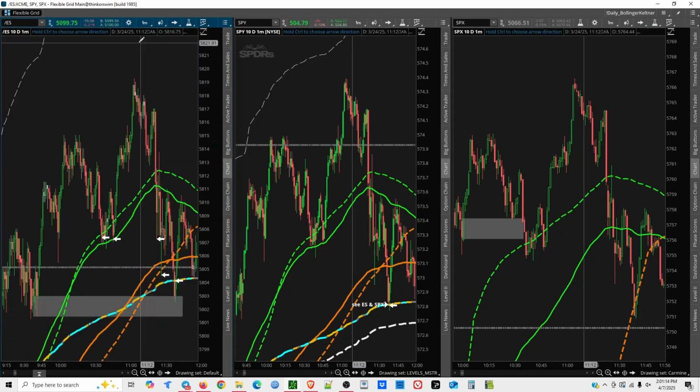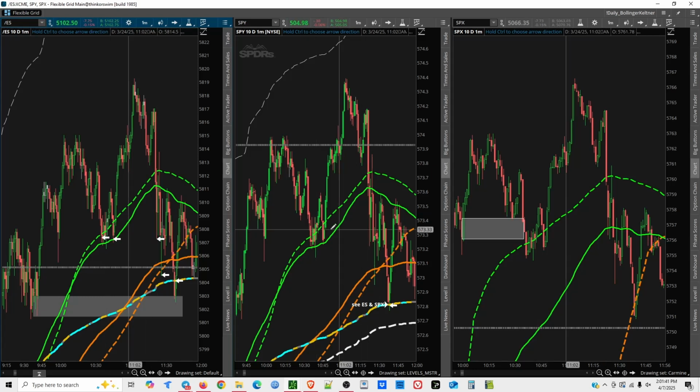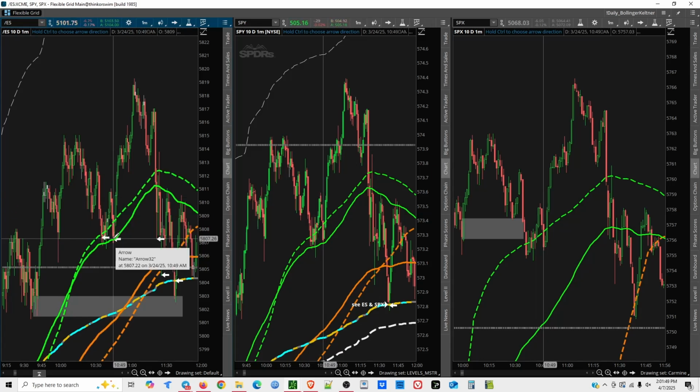So on this particular day, we've got the market running up and it retraces back to the 100s. And also on SPY, it retraces to the 100s. And also on SPX, it retraces back to, this is the 100 SMA on SPX. And this convergence made for a very nice bounce here and then again here.